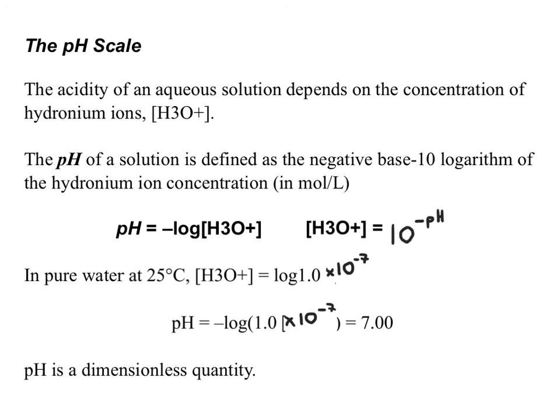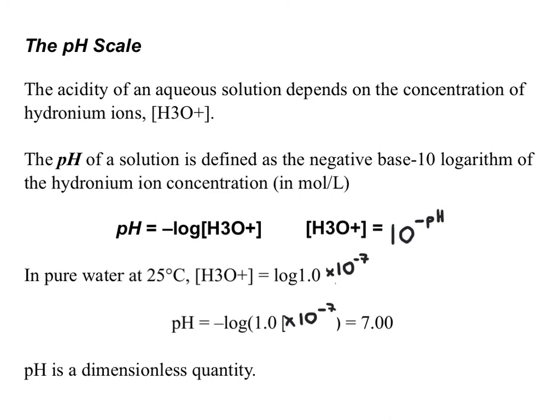In pure water at 25 degrees Celsius, the concentration of hydronium ions is 1 times 10 to the negative 7. Therefore, the pH equals negative log of 1 times 10 to the negative 7, which equals 7.